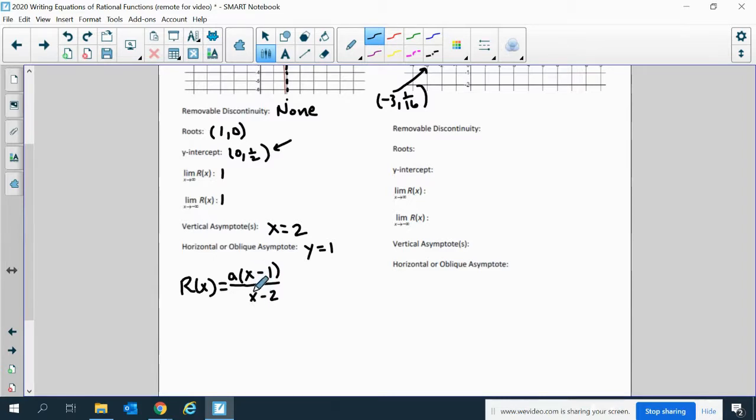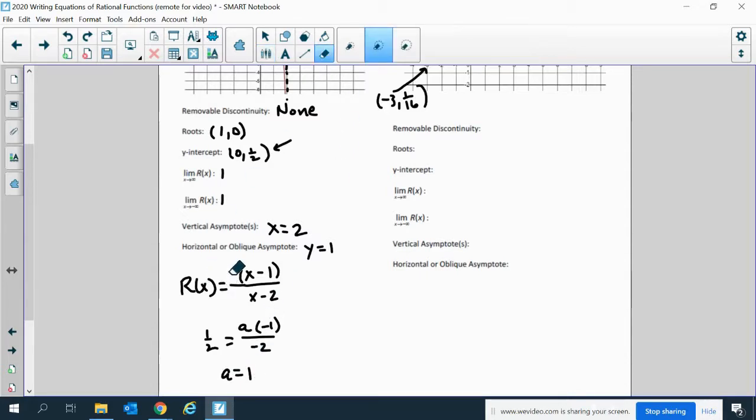So if I substitute in a point, for example, the y-intercept, (0, 1/2), if I substitute in 0 for x, I get a times negative 1 over negative 2 equals the y value, which is 1/2. So 1/2 equals a times 1/2, a equals 1. If a equals 1, I don't really need to write it, and everything else seems to make sense.